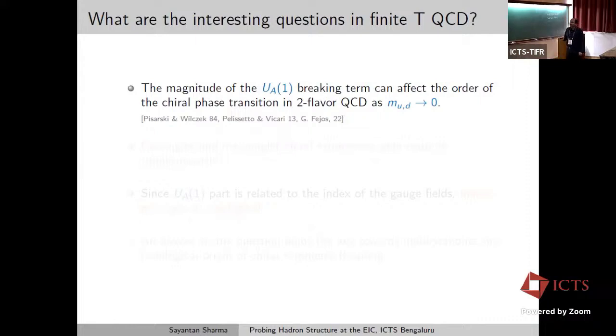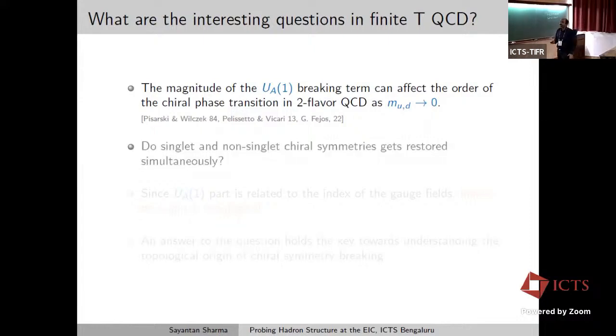And if the UA1 breaking term is present at the place where chiral symmetry gets effectively restored, then of course the phase transition is of second order, but with a different universality class. The universality class depends on the symmetry group, which also depends on this amount of UA1 breaking. So depending on UA1 breaking, the symmetry group may be just SU2 cross SU2 cross U1, or just SU2 vector cross SU2 vector.